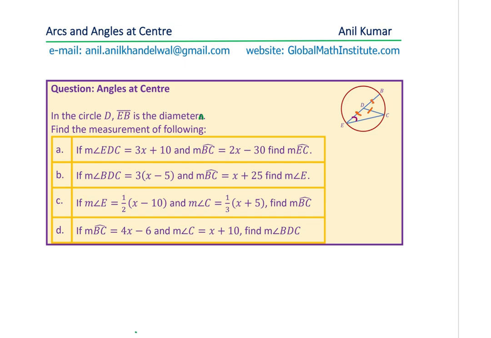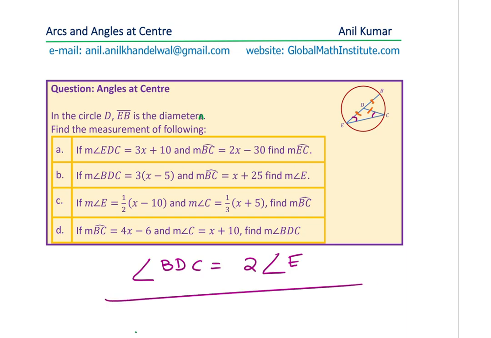And these two angles are equal since it is an isosceles triangle. And we know that angle BDC is twice the angle E. Is that okay? So that helps us to find all the solutions based on these 4 questions. I hope the concept is absolutely clear.